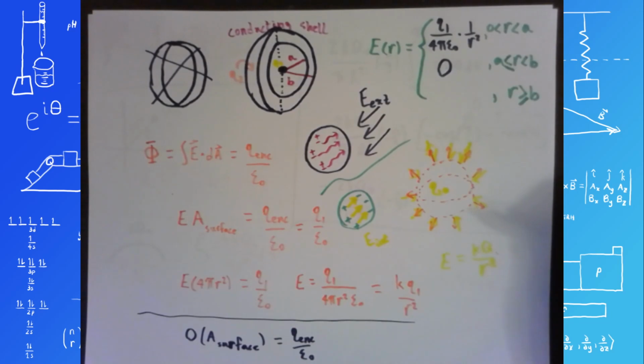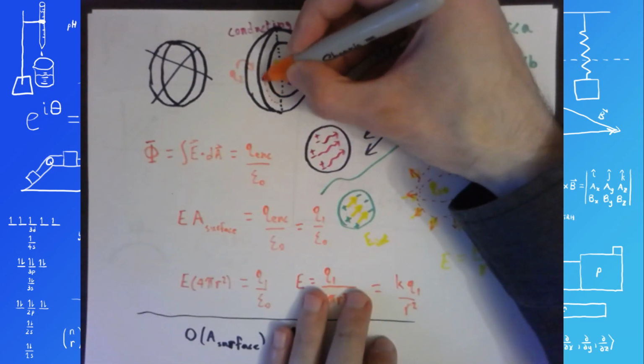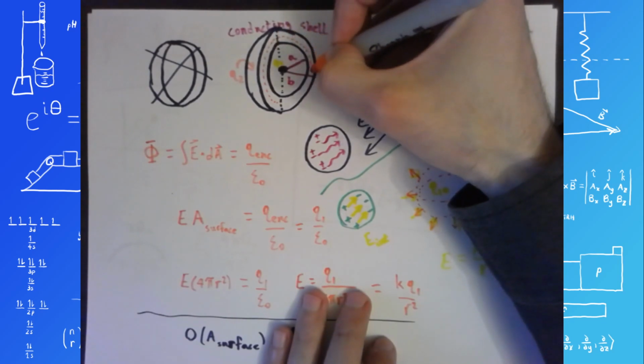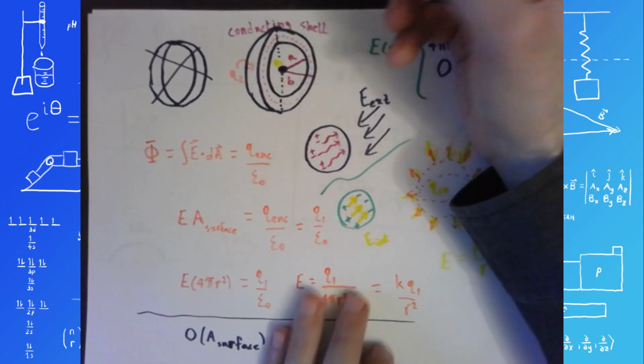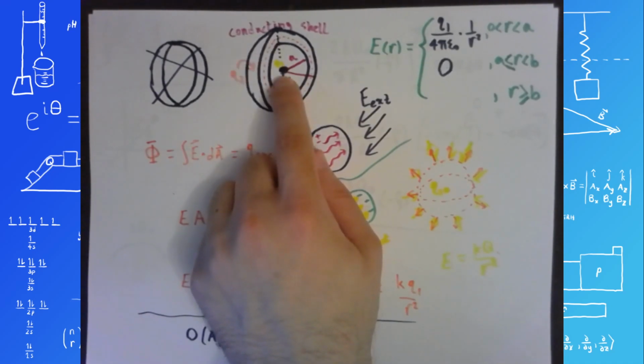So how much charge is enclosed if I were to draw a Gaussian sphere that envelops all of that? Well, it would enclose Q1, but it can't only be Q1 because Q1 is not 0.